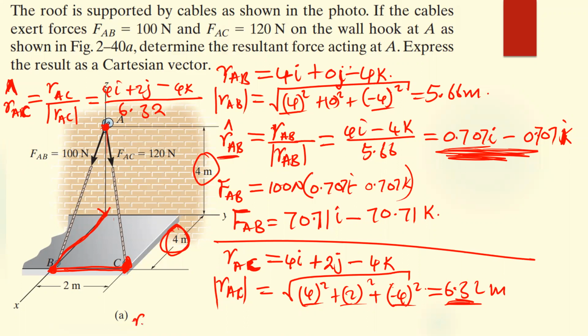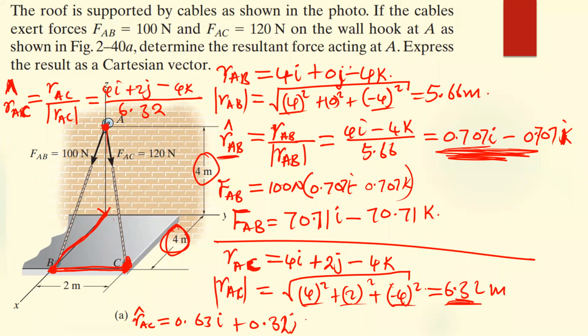The first one, 4 divided by 6.32, gives 0.632. Let me just write it down. The unit vector in the direction of AC is 0.63 as the x value, and then we divide 2 by 6.32, we are getting 0.316, let me just say 0.32, so plus 0.32 j.